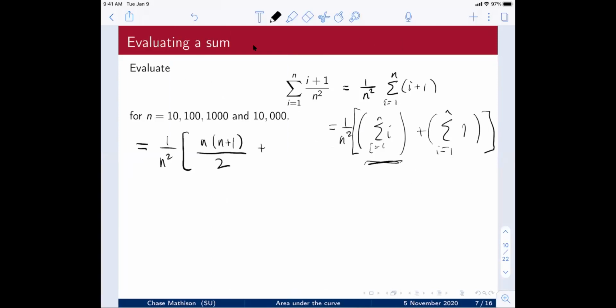Plus, what's the sum i equals 1 to n of just 1? If I were to write that out, I would write 1, and then I increase i, and then I write plus 1 and I increase i, and I write plus 1, and I do that n times, right? So what do I get when I do that?